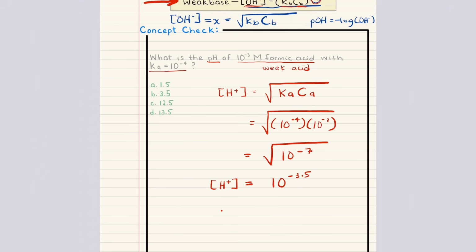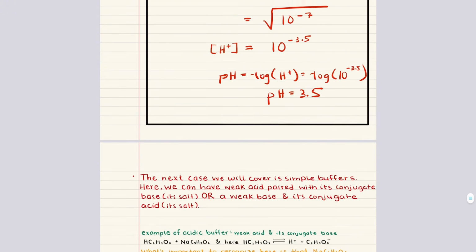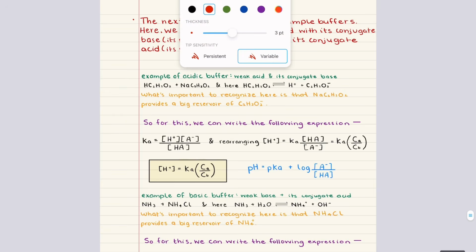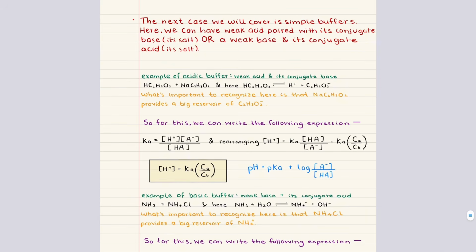We can then calculate the pH because pH is the negative log of that number. The negative log of 10 to the negative 3.5 is 3.5. So the pH is 3.5, and the correct answer here is B. With that, we're ready to move into our next topic, which is about simple buffers.